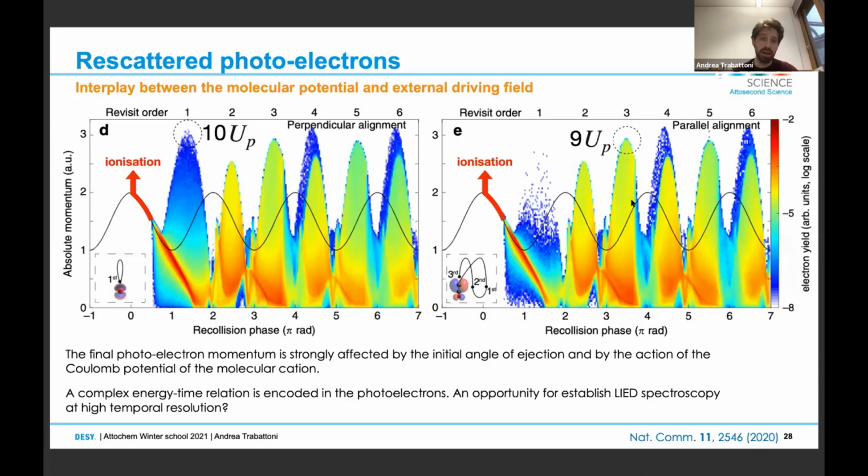So the time lapse that we assume as our elementary step to do LED experiments is not defined only by the laser, but by the molecule itself. And this is important to take into account.